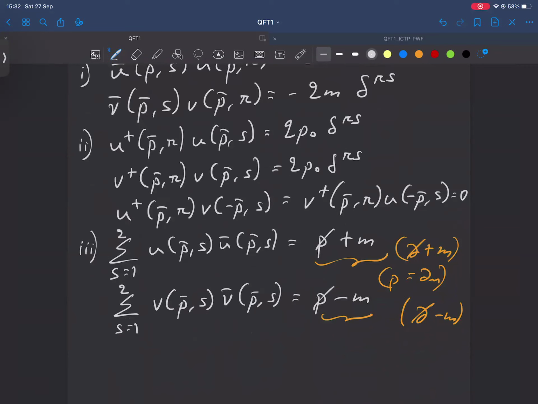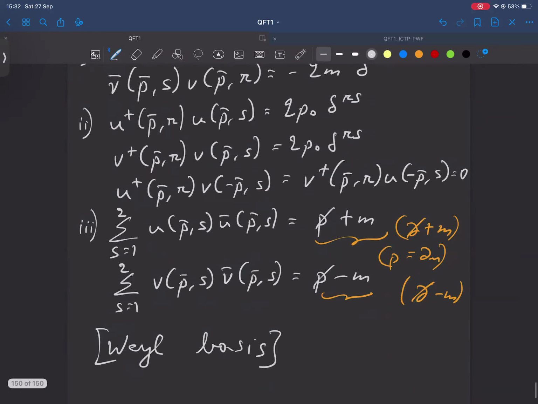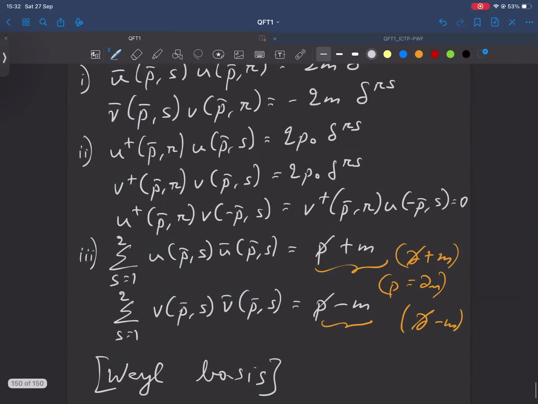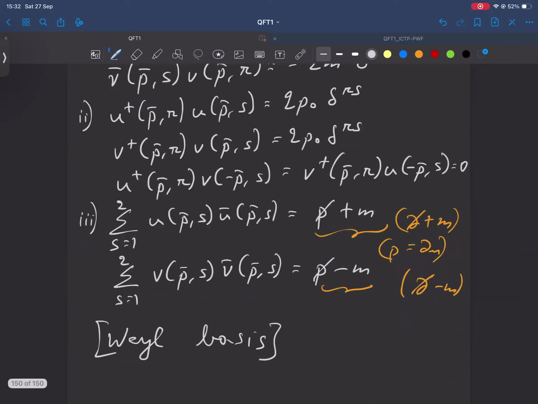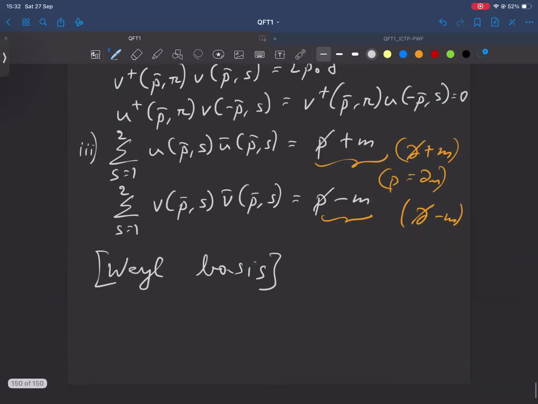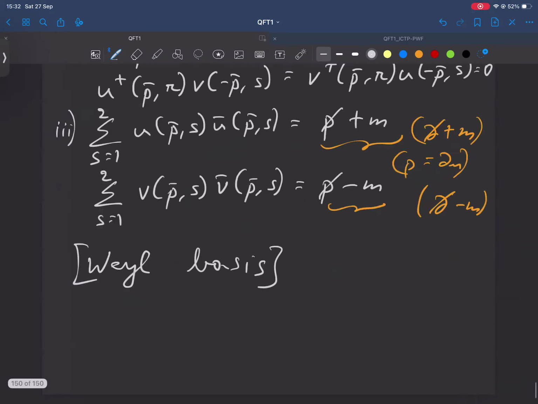But I think, now that I recall, he works in the chiral basis, so he will give you a derivation in the chiral basis. But these relations are basis independent, so they also hold in the Dirac basis. So if you're interested, you can look at the proof there.